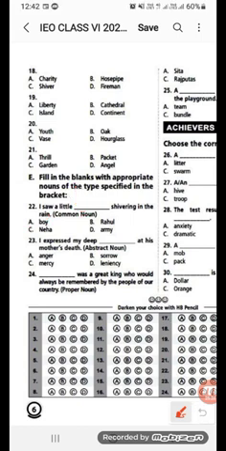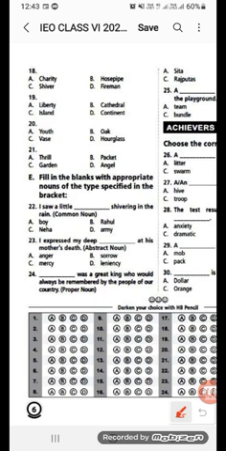Number 23. I expressed my deep dash at his mother's death. Here we have to put abstract noun. Let us see. Four abstract nouns are given: anger, sorrow, mercy and leniency.